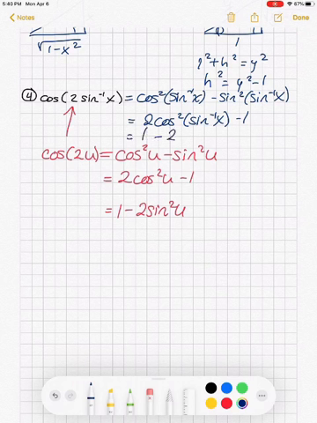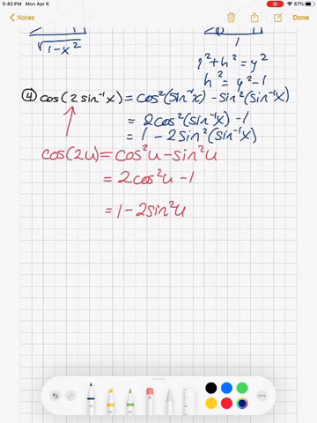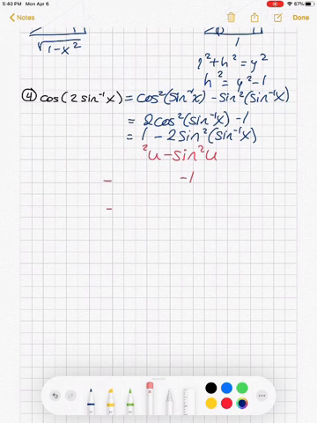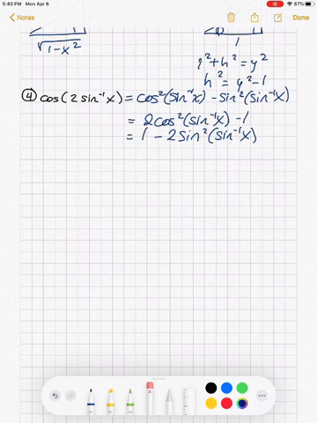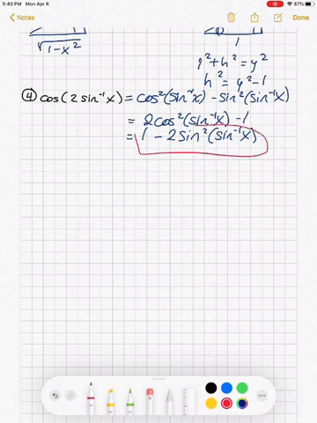Or I could do 1 minus 2 sine squared inverse sine. Now again, any of these 3 should get me the correct answer. Looking at these 3, I'm thinking, well, what would be the simplest choice? And I think this one would be the simplest choice.